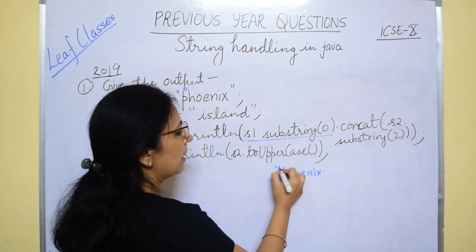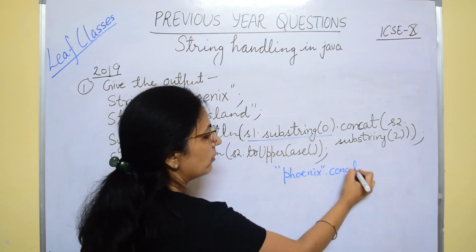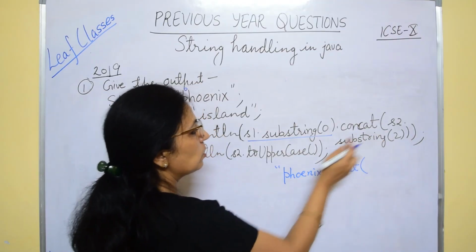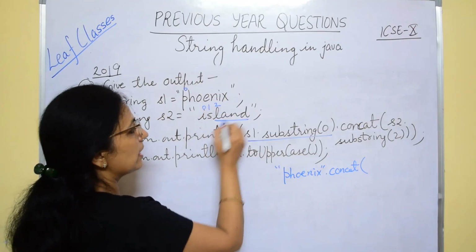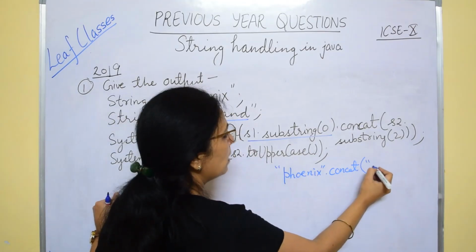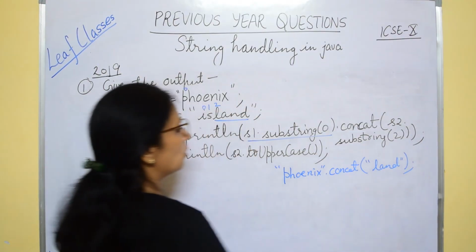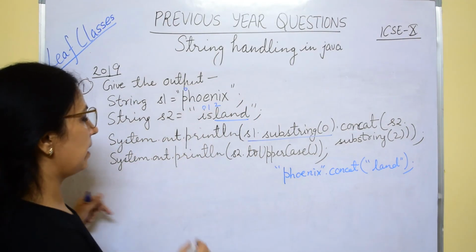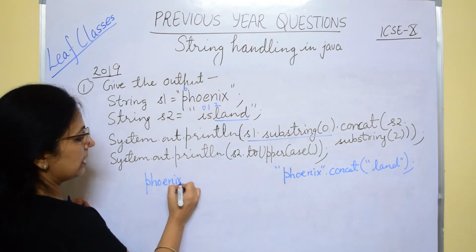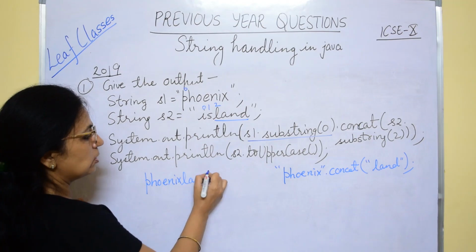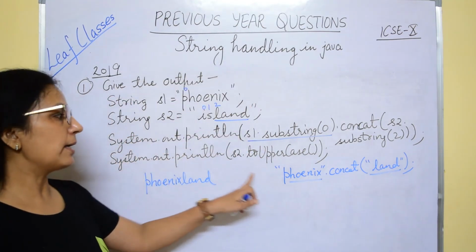PHOENIX. Complete dot concat. The concat function will be used. S2 dot substring of 2. Here 0, 1, 2. Starting from 2 all the characters will be included. So the output of this will be PHOENIX and LAND. These two strings will be joined using the concat function.